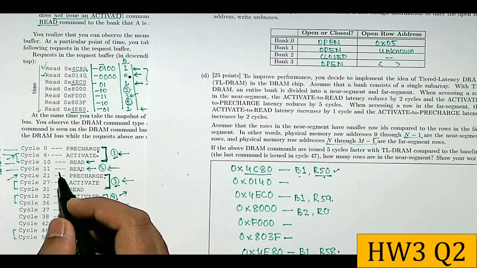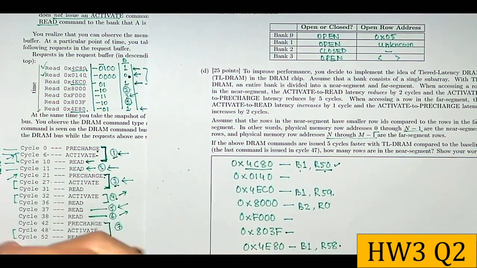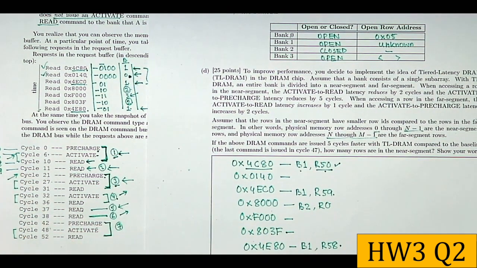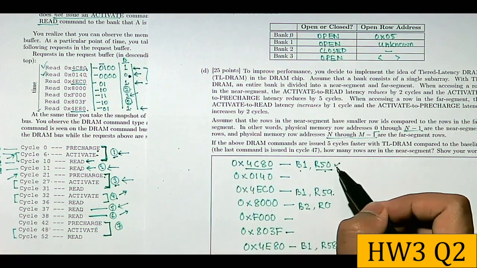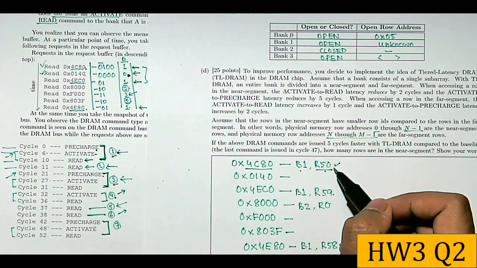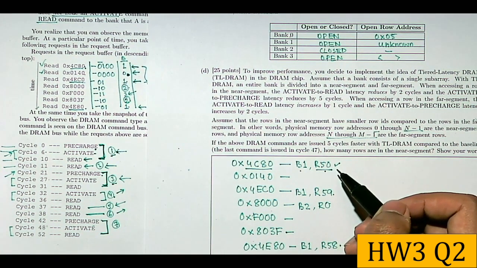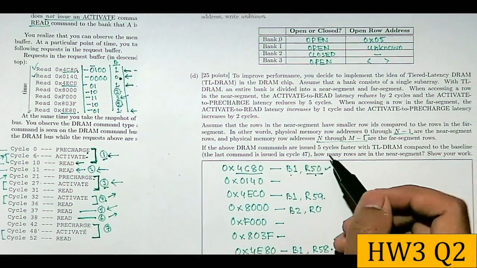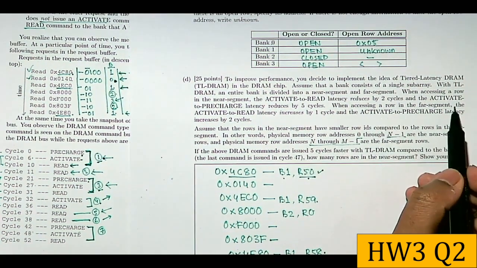Right. So the question is how to get the boundary. We need to get the boundary, and we should start from some place. Let's consider 50 as a boundary. So anything from row 0 to 50 falls into the near segment. Anything from 51 and upwards is the fast segment. Any access to the near segment comes with 2 benefits, activate to pre-charge and activate to read: some cycle savings.